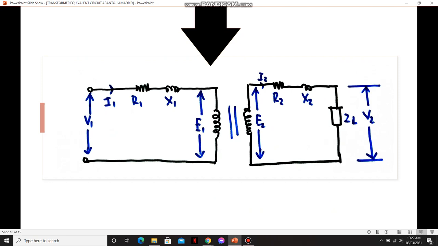Okay. Now, that is used for analysis purposes. The primary voltage V1, primary current I1, the resistance R1, the primary leakage reactance X1, EMF induced E1, EMF induced E2, and so on and so forth.